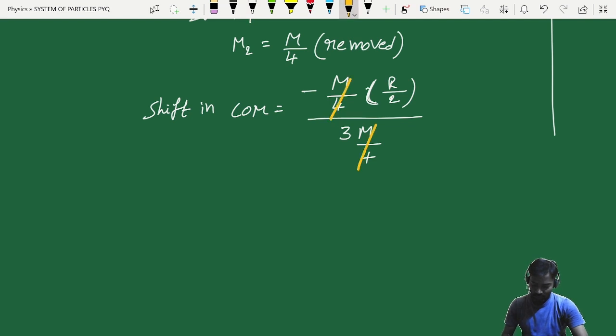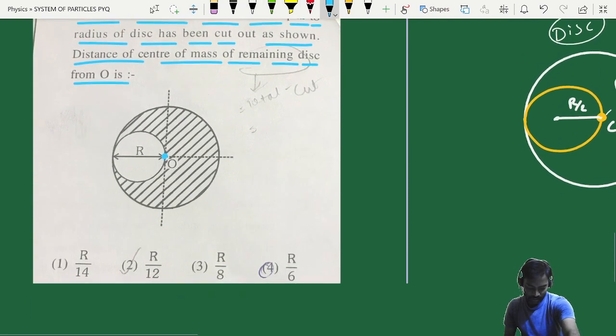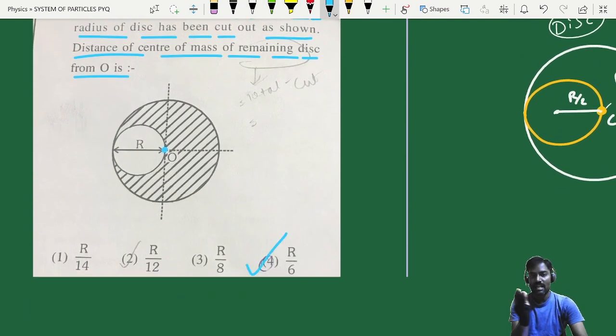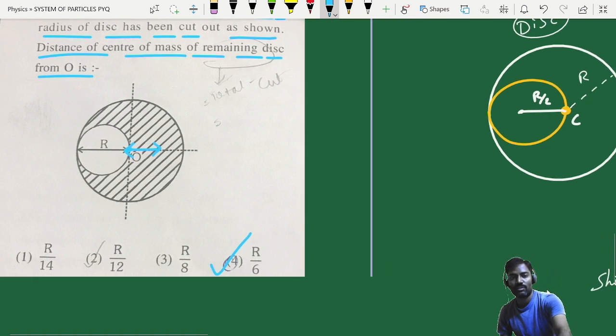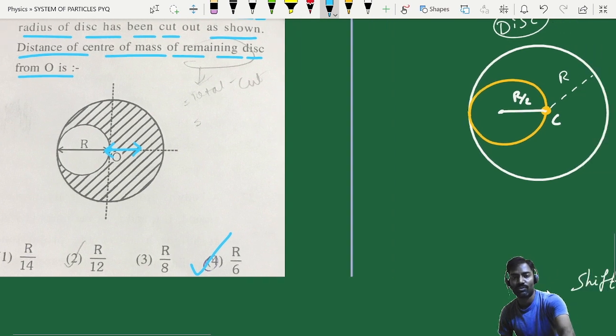Here the m by 4 terms cancel, so the remaining value is minus r by 6, which is nothing but it shifts a distance r by 6 to the right side. Why does it shift to the right side? Center of mass always moves towards the more mass. So when this mass is removed, it shifts towards the right side. Okay, students, in case the mass removed is on the right side, it will shift to the left side. This is what you have to understand.